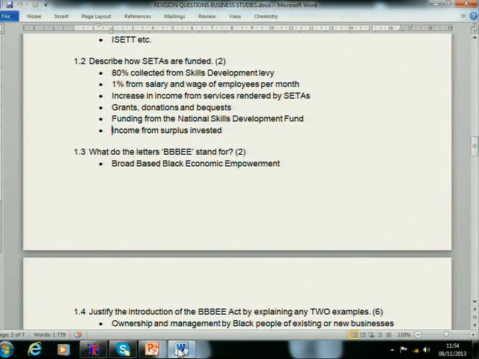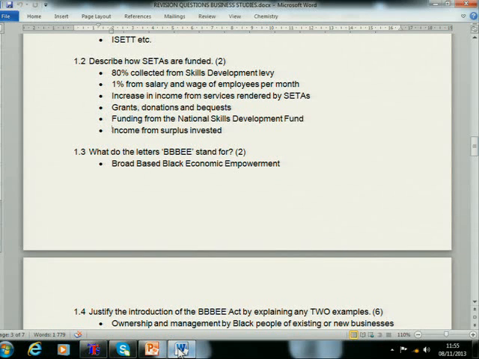Increase in the income from services rendered by CETAs. That's how they can also get funds. The grants, the donations, the funding from the National Skills Development Fund, the income from surplus investment. This is how they can be funded.